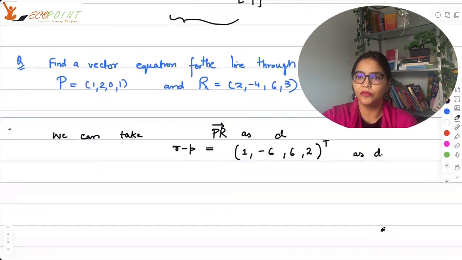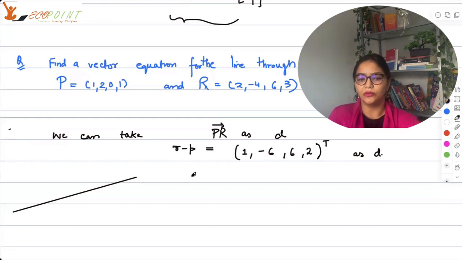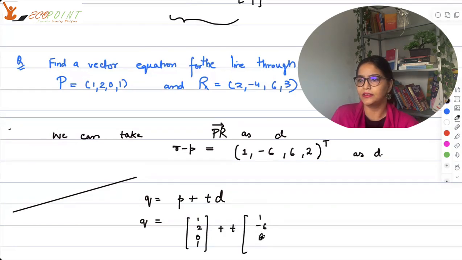If you've understood the line the way I've taught you, you can grasp this easily. So if I take this as my direction, then the equation Q equals P plus t times D can be taken as Q equals (1, 2, 0, 1) plus t times (1, -6, 6, 2).